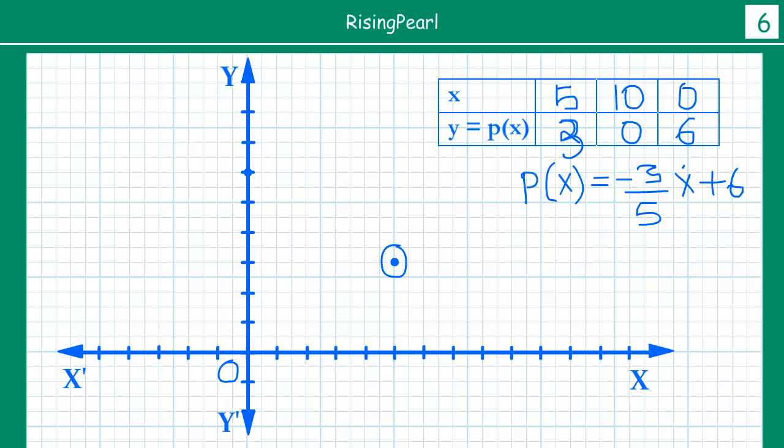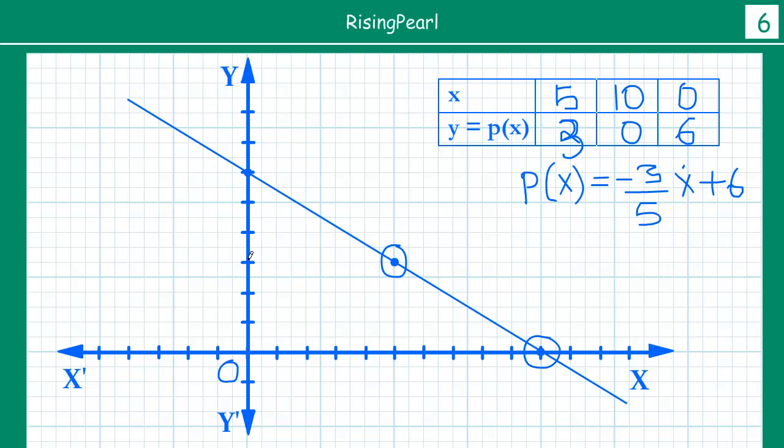Our next point is over here, which is for x equals 10. 1, 2, 3, 4, 5, 6, 7, 8, 9, 10. For x equals 10, the value of y is 0. So this is the point. And then finally, for x equals 0, y is 6.